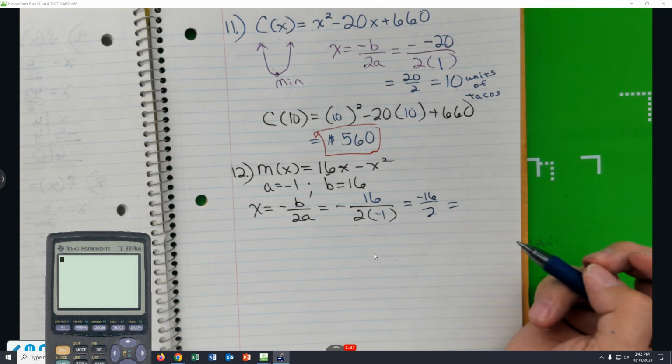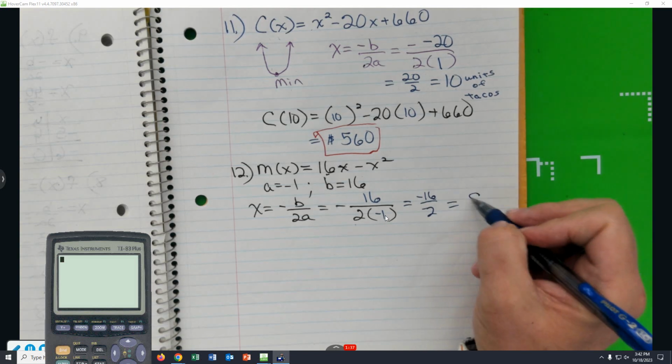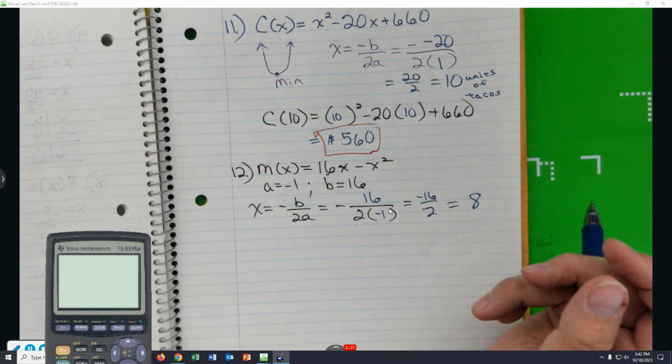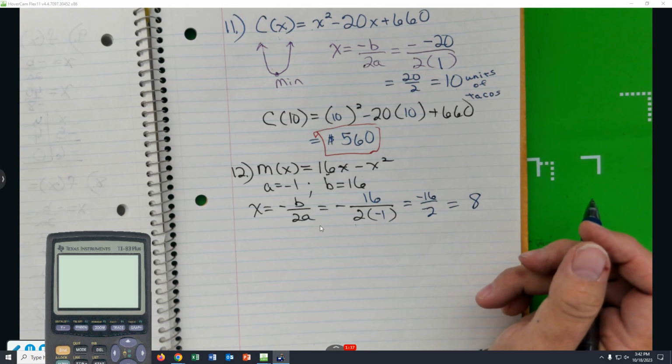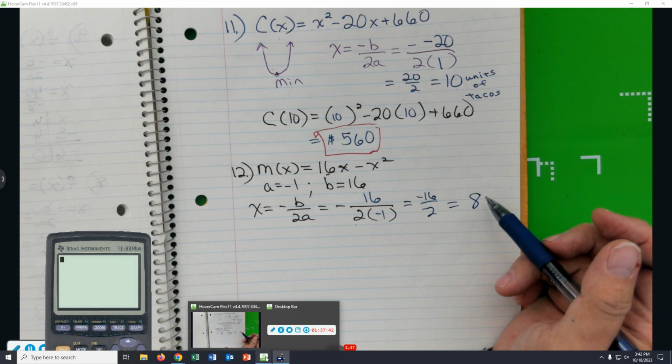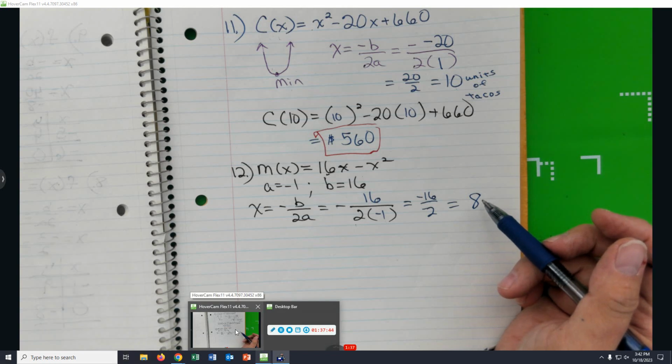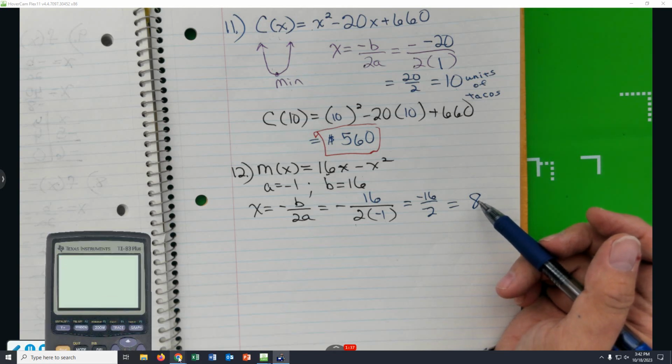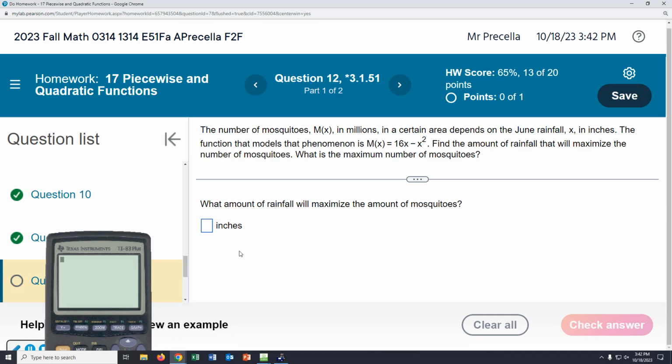I think it's going to be a positive 8. Remember, what is X representing? The inches of rainfall. Go back to the application problems, usually you don't want negative answers. Okay? How many inches of rain? So there's 8 inches of rain.